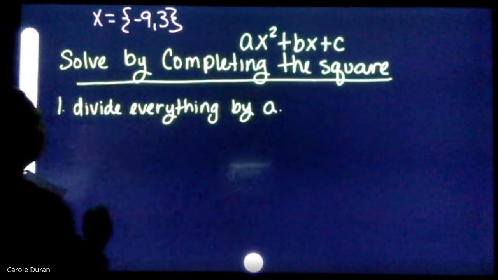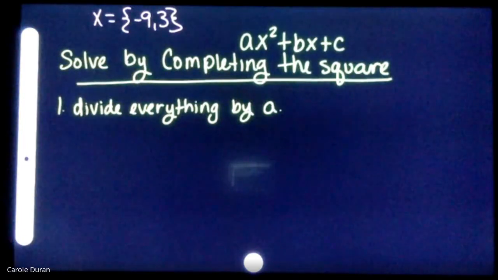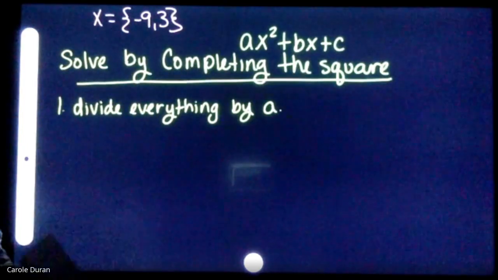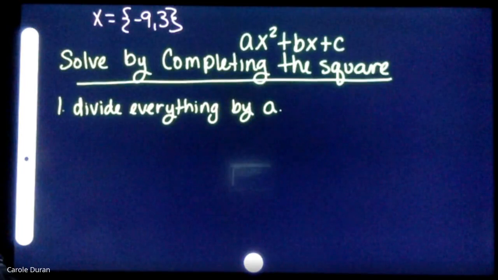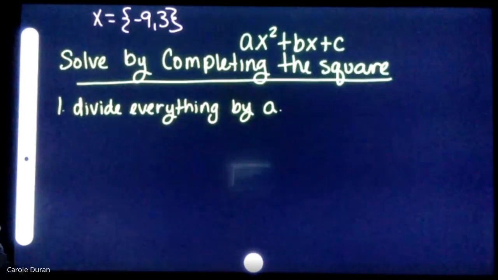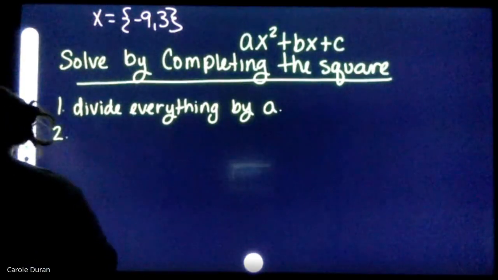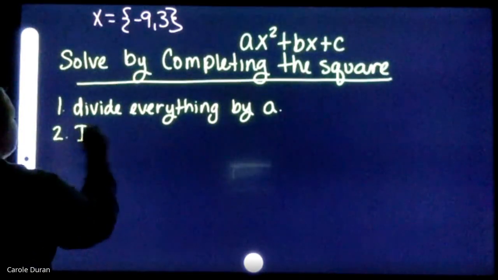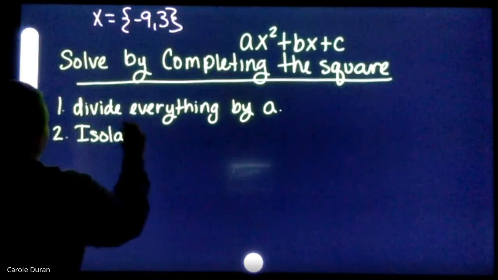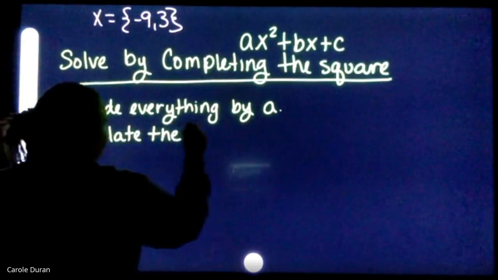My goal is to not have a number in front of the x squared, so we want nothing but a 1 in front of that. To make that happen, I have to divide everything by a on both sides of the equal sign. Step 2 is to isolate the constant term.